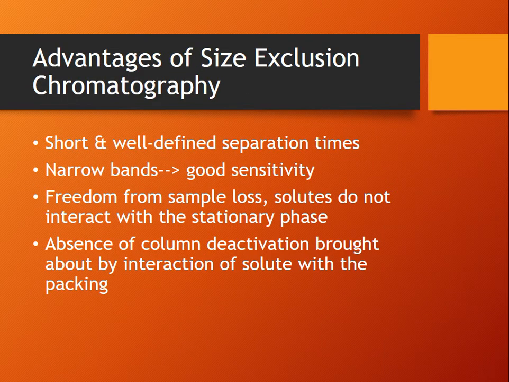Then the advantages of size exclusion chromatography are short and well-defined separation times, narrow bands, good sensitivity, freedom from sample loss, solutes that do not interact with the stationary phase, and absence of column deactivation brought about by interaction of solute with the packing.